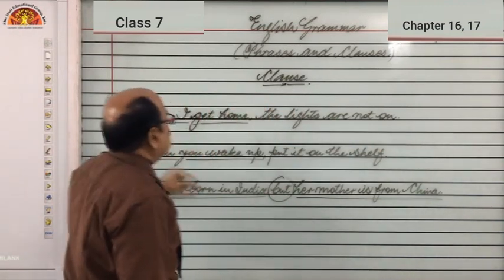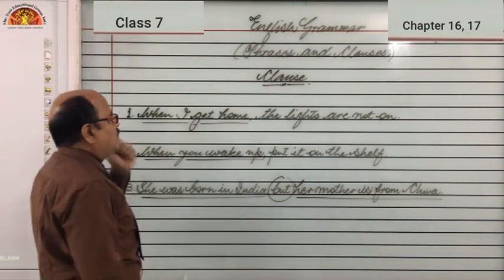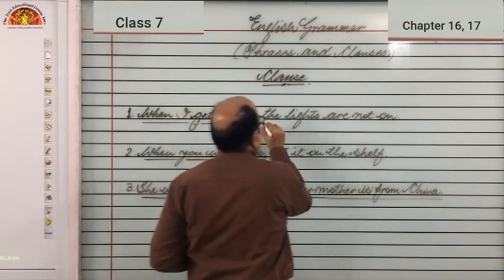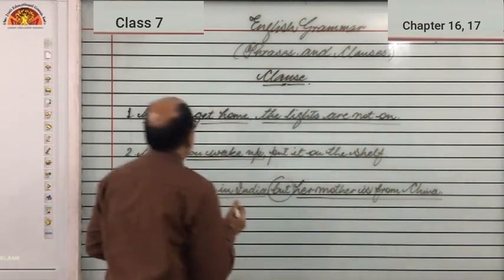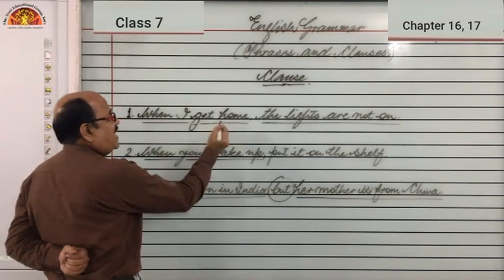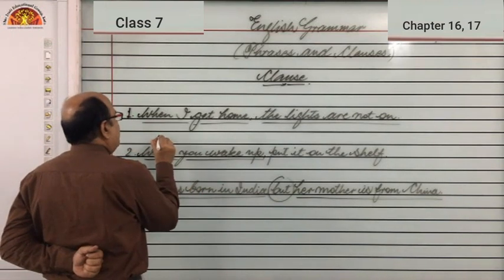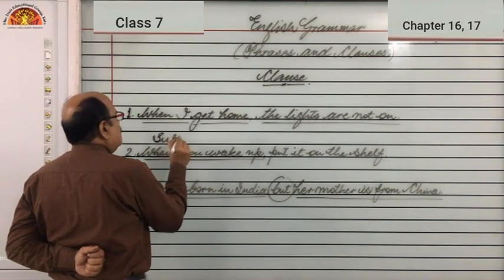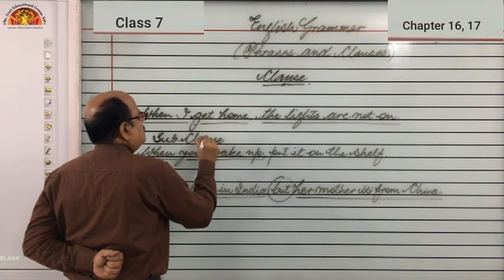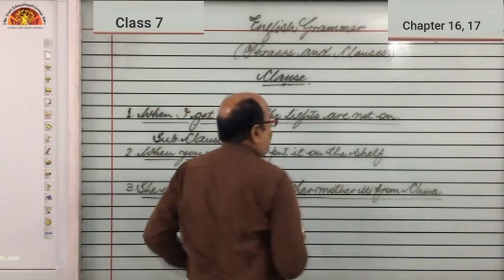So look here, this is clause number 1, and when I get home, is it complete? Of course not. So we may call it subordinate clause or dependent clause, right? The lights are not on.